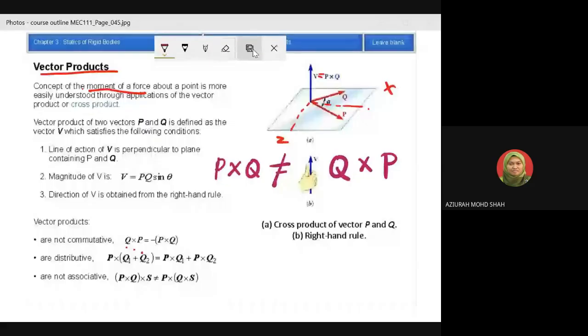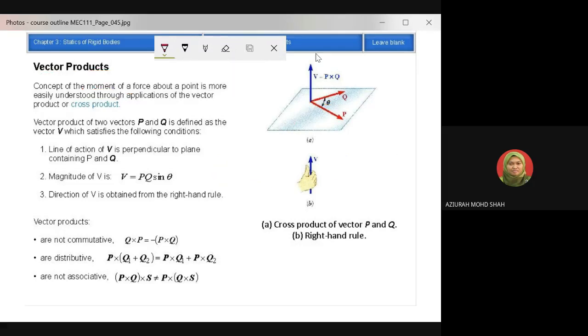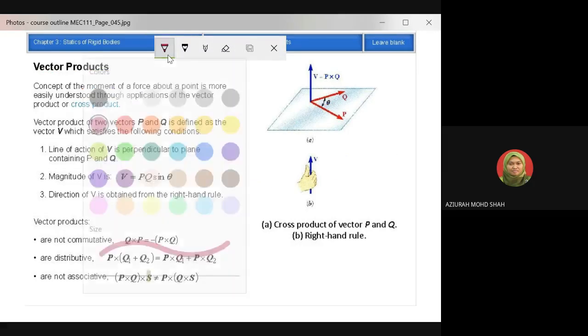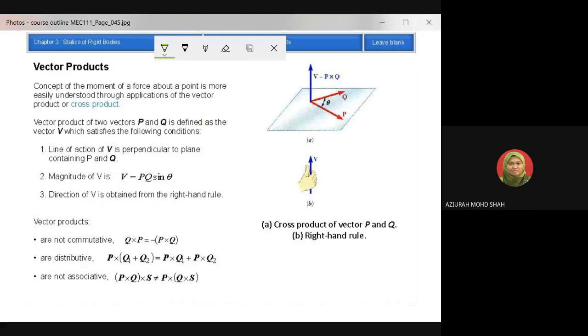Yang ni nampak? Sudah kenampakan. Alhamdulillah nampak. Ada penampakan, selalunya orang kata ada entiti. Okay.